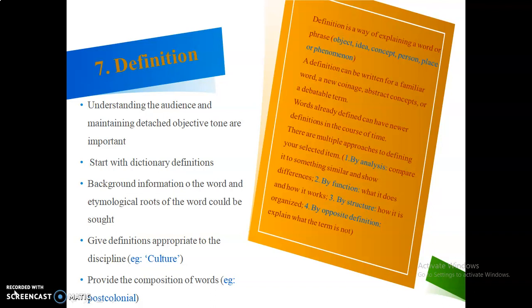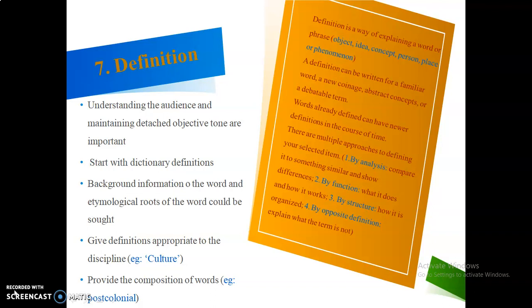For example, an existing coinage is tissue culture. It's not a new coinage, but an already existing coinage. So these kinds of things can be defined and detailed as an essay in this particular mode.